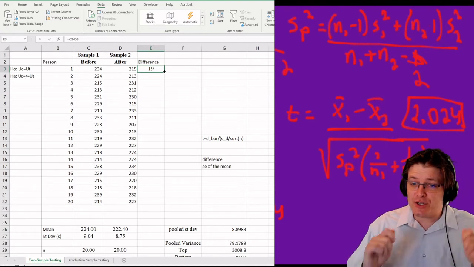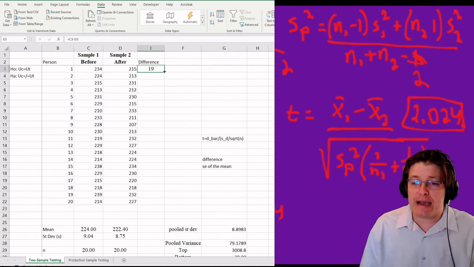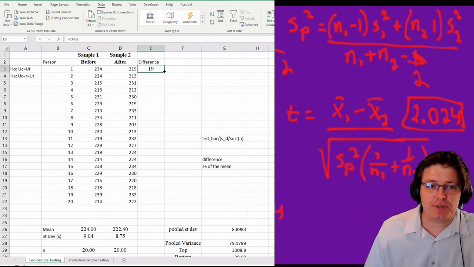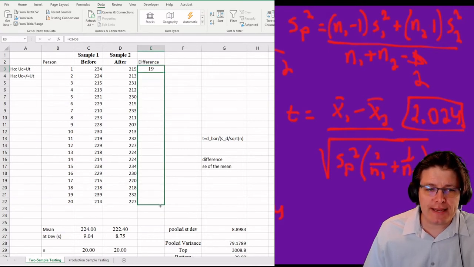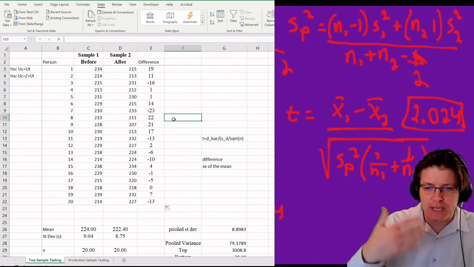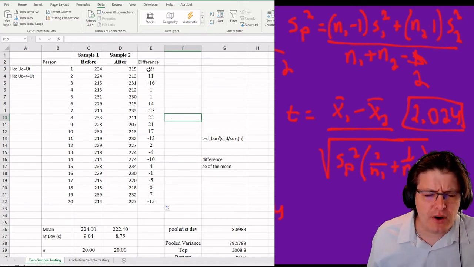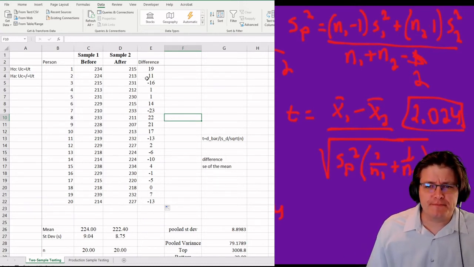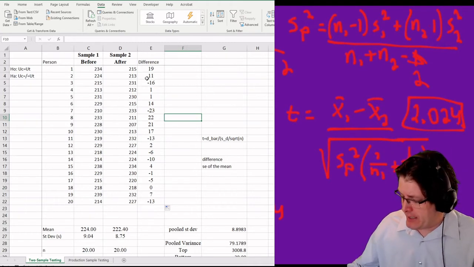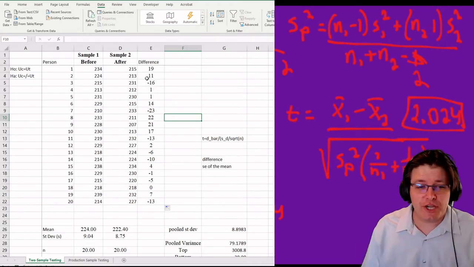Okay, so it's not two random people who just happen to be at the top of our list. This is the same person. So we can drag that down. Some people gained weight, some people lost weight. The positive numbers here are losing weight. Maybe it makes more sense to flip that around. I don't know. The end result won't change.